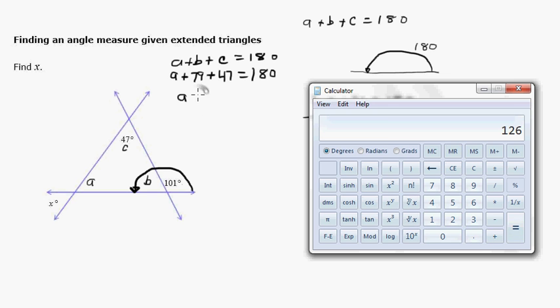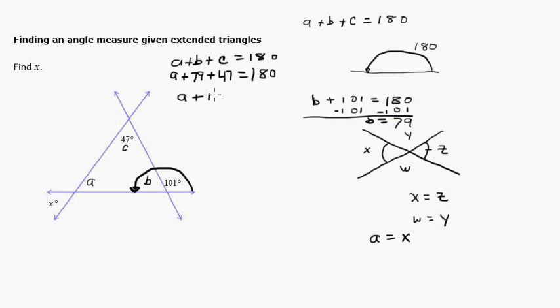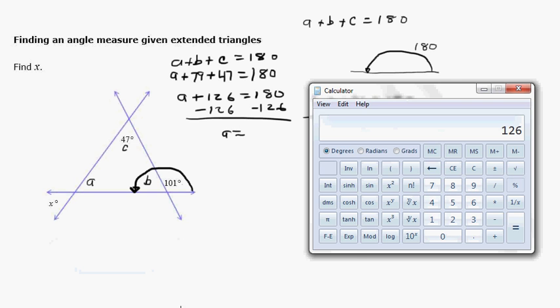So A plus 126 equals 180. Now I just subtract 126 from 180 and I get A. So A equals, clear, 180 minus 126 equals 54.